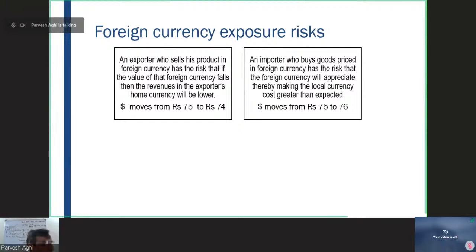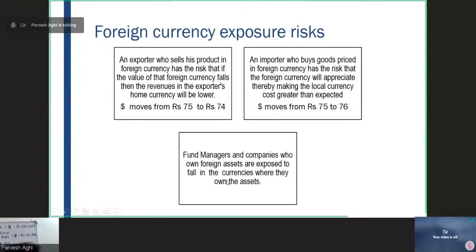Okay, fine. So that means the importer is also exposed to the foreign exchange risk. Now the third people who are exposed to the foreign risk are the fund managers and companies who own foreign assets. Suppose you have assets abroad, and if it happens that the value of the dollar goes down, then the assets will lose their value.